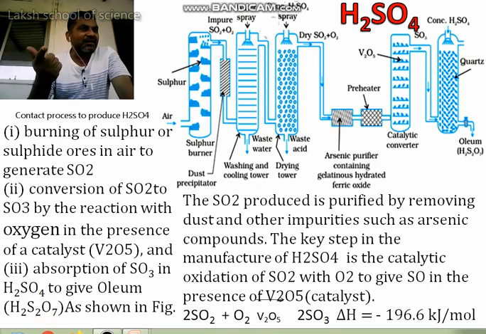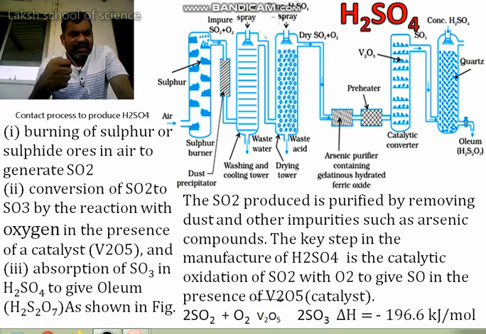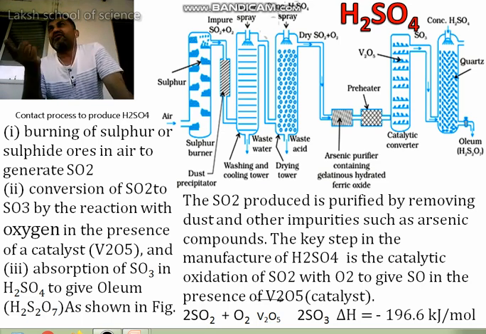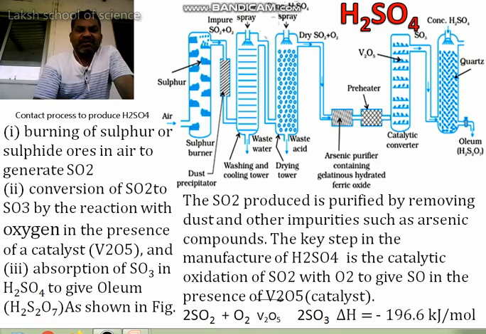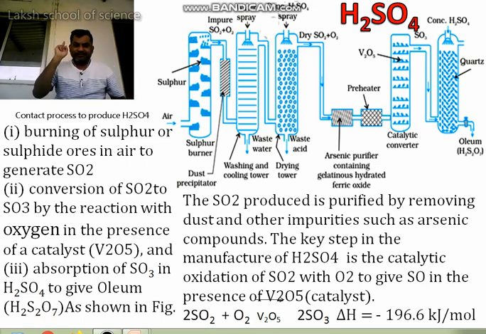First, burning of sulfur or sulfide ores to produce sulfur dioxide. Second, after getting sulfur dioxide, we have to convert it into sulfur trioxide. That is where, as we have studied, vanadium pentoxide is used. Third step, we convert sulfur trioxide into sulfuric acid.